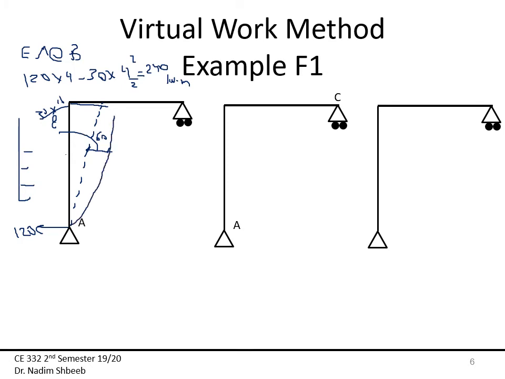So this is how my moment is going to look. Since I went here 240, then I have to go here 240 as well. And then since I don't have any distributed moment load, it's going to be like that.